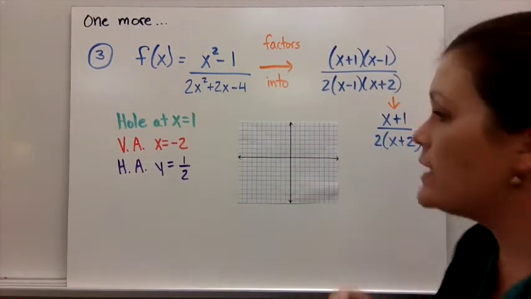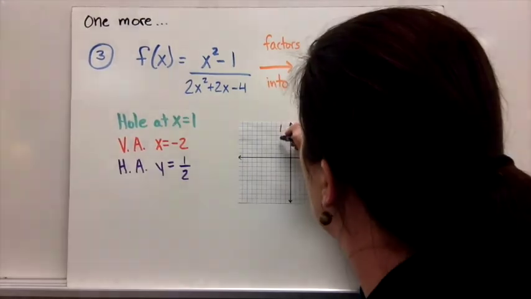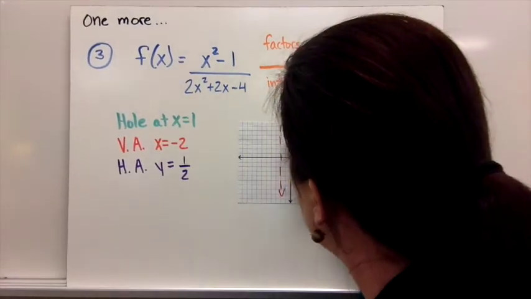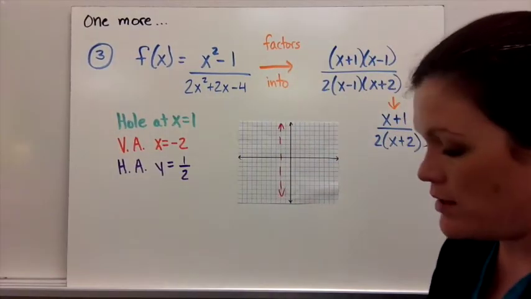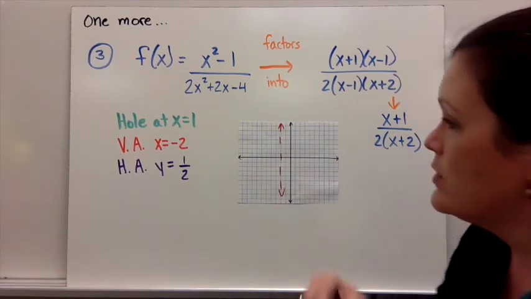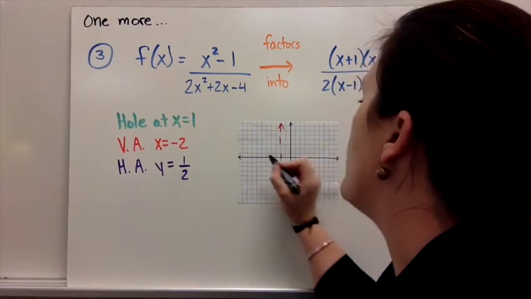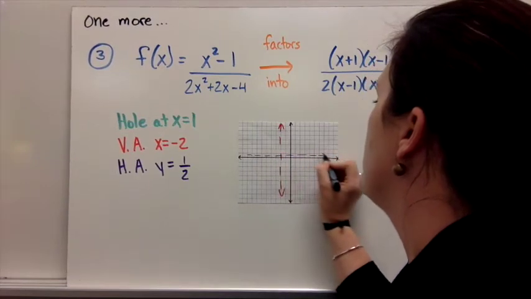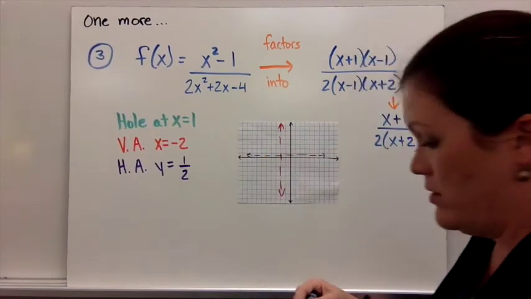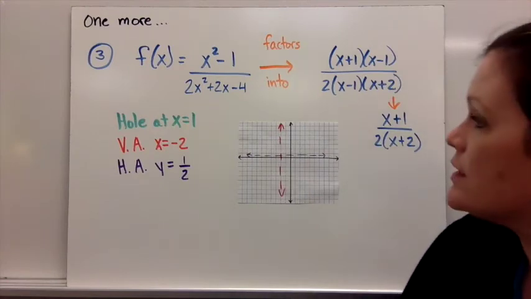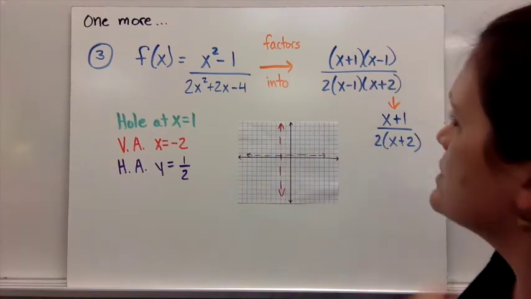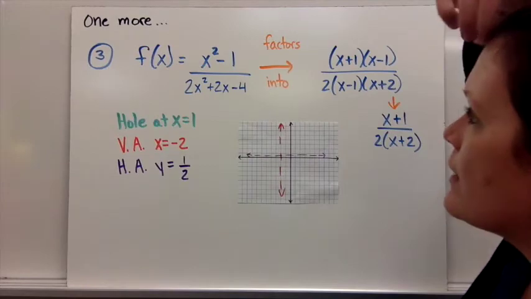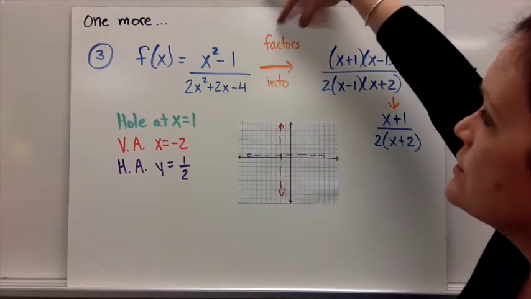If we have a vertical asymptote at x equals -2, we draw an imaginary vertical line at x equals -2. There's a horizontal line at y equals 1/2. And we can see that the reason why it was x equals -2, let's go back for a minute, is I've already factored it out.